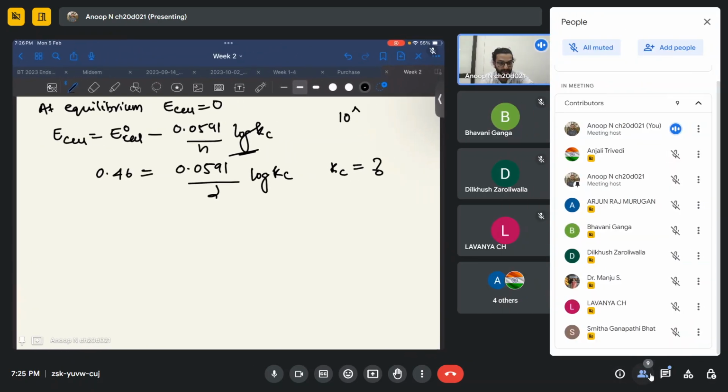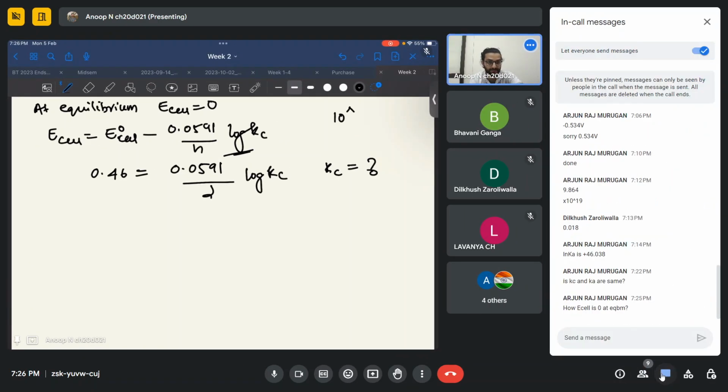Yeah, you can directly ask if any questions. So at equilibrium, the forward and reverse reactions are proceeding at the same rate, right? So if you take a cell also or your reaction system, if you measure the OCP, it will be starting from 0. It will be against standard hydrogen electrode, not like AgAgCl. So at equilibrium, hello, Bhavani, you are asking something.